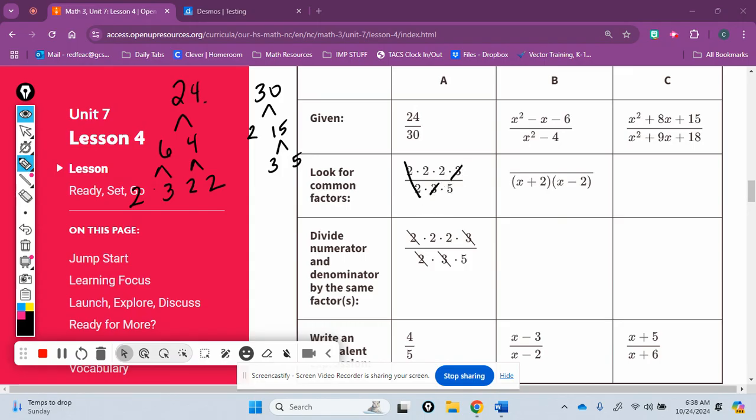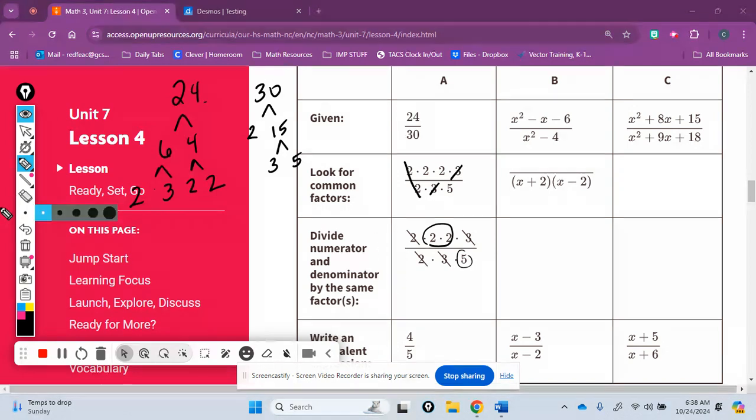After you divide out what is alike, whatever you have left becomes your answer. So at the top we have 2 times 2, which gives you 4, and we have 5 at the bottom. So 4 over 5 is equivalent to 24 over 30.